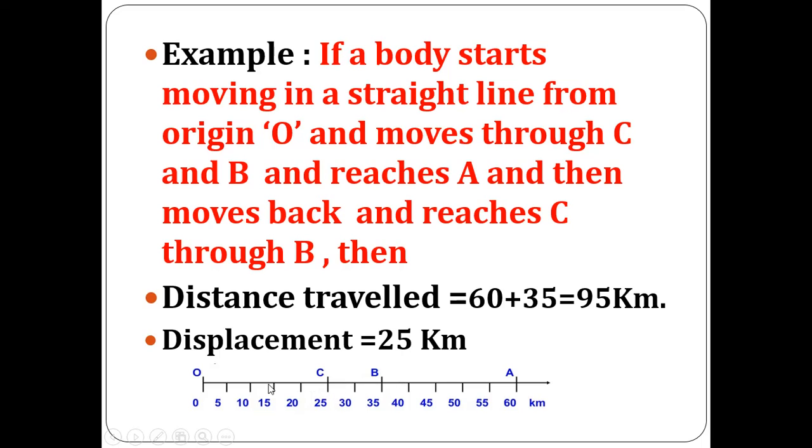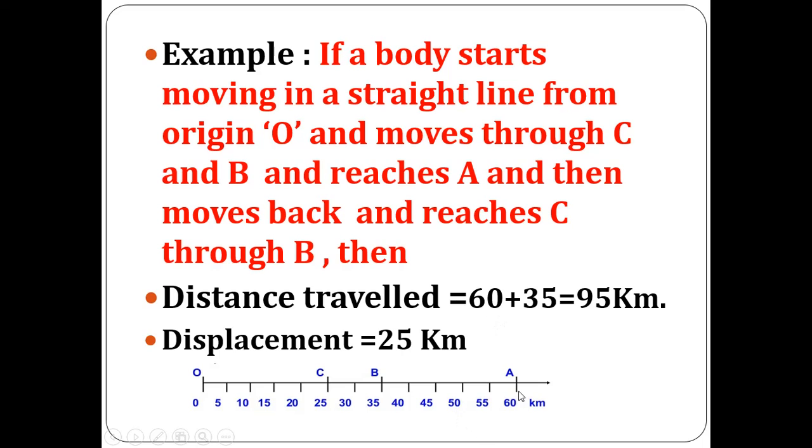Now what is the distance traveled? Distance traveled is the total length traveled by the object. From origin O it first reaches A, which is 60 kilometers.